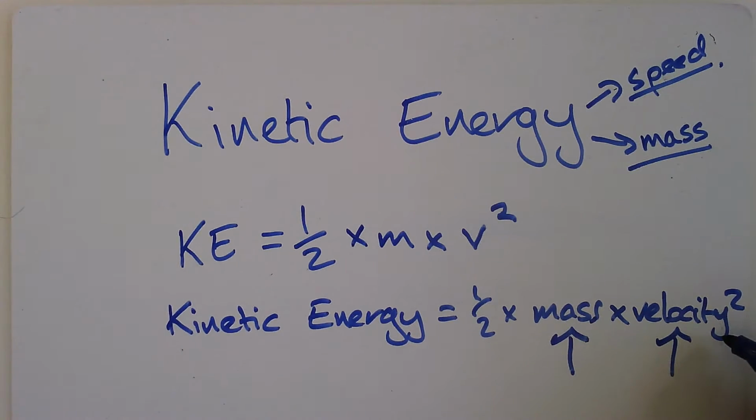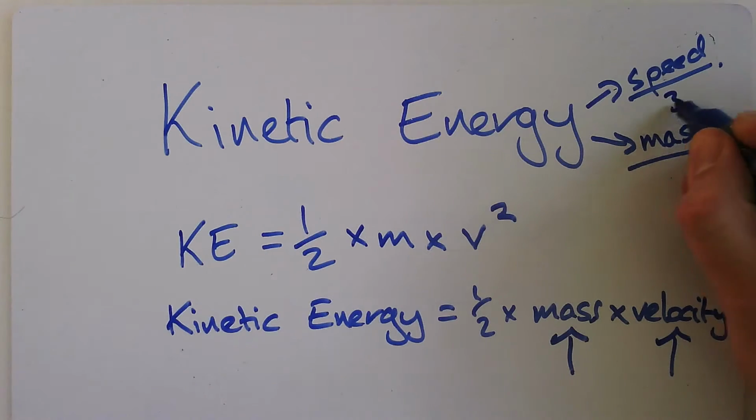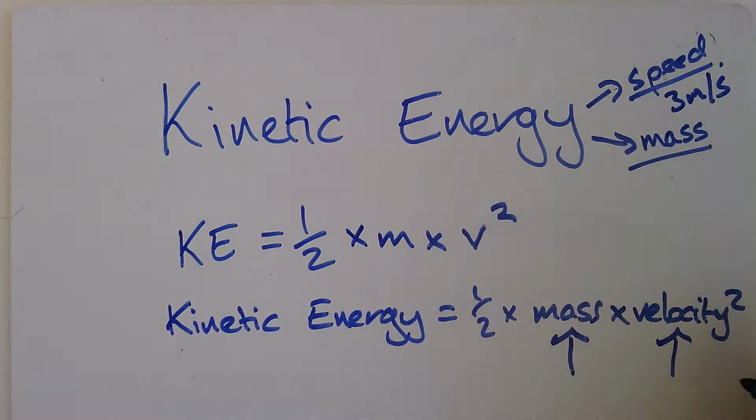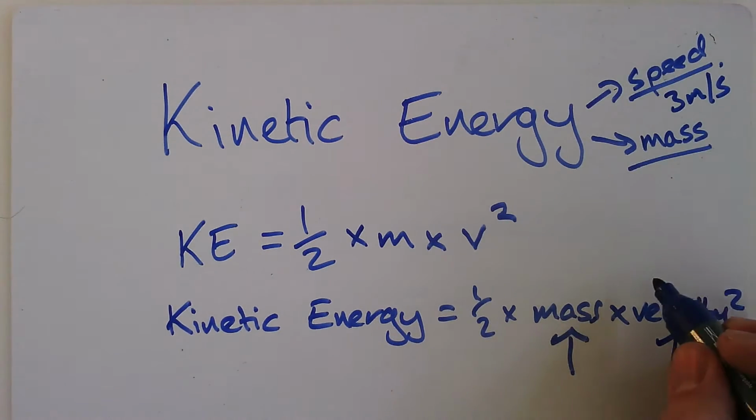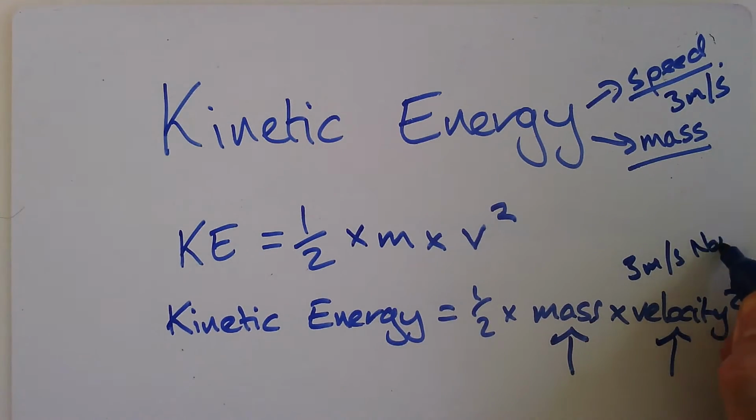Now don't be put off by the term velocity here. Some places will refer to it as speed. I normally will talk about it as speed. Strictly speaking, we do call it velocity. The difference between speed and velocity is just that velocity has a direction, it's a vector, whereas speed is a scalar, it doesn't have a direction. So an example of a speed might be 3 meters per second, and an example of velocity might be 3 meters per second north.